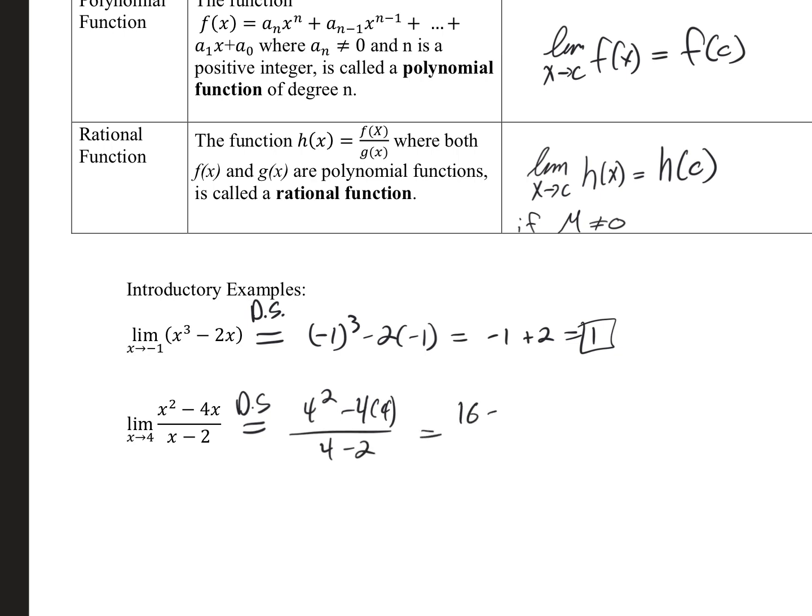What we get is 16 minus 16 over 4 minus 2, which is equal to 0 over 2. Now I see 0, but I shouldn't be concerned about that because it's up in the numerator. It's fine if your numerator has a limit that gives us 0. It's not fine if the limit of our denominator was 0. So here we end up saying this is equal to just 0.